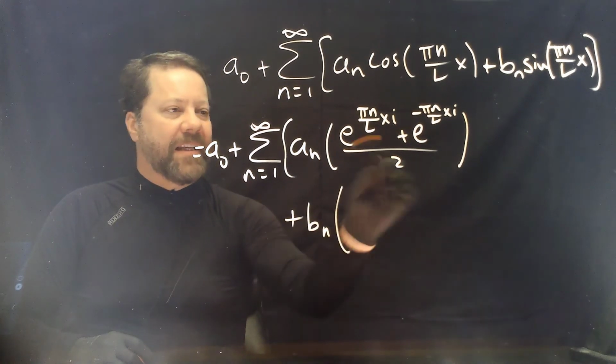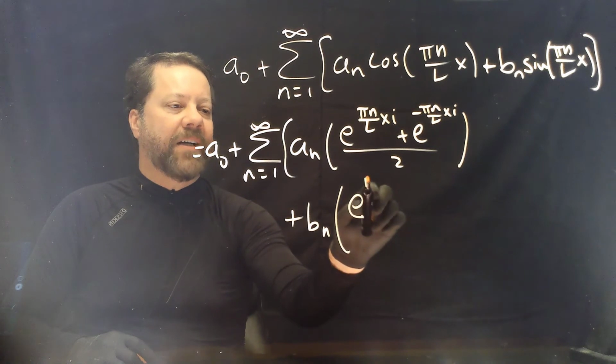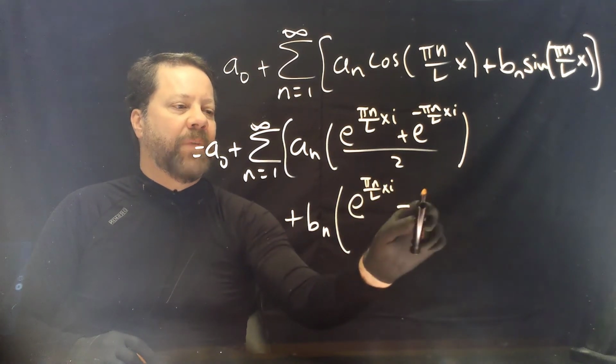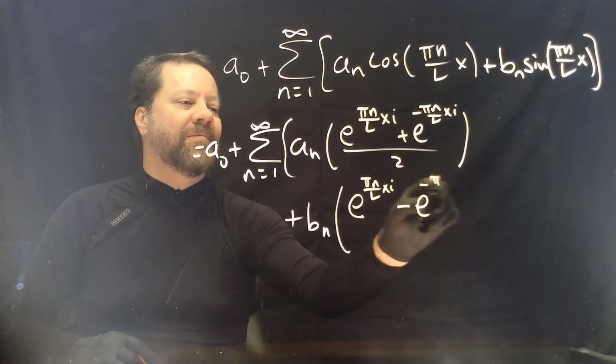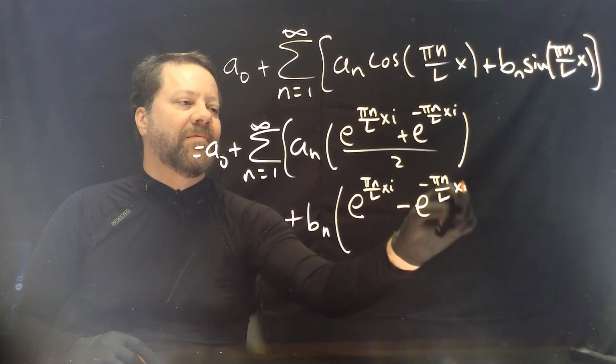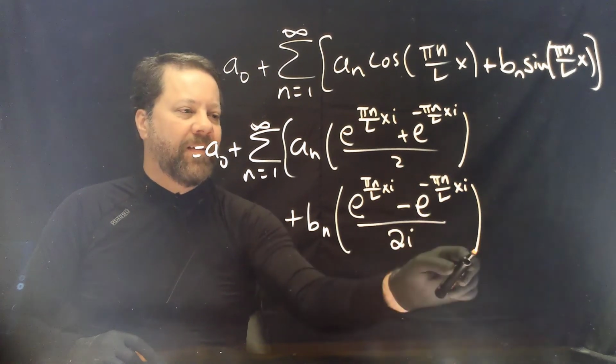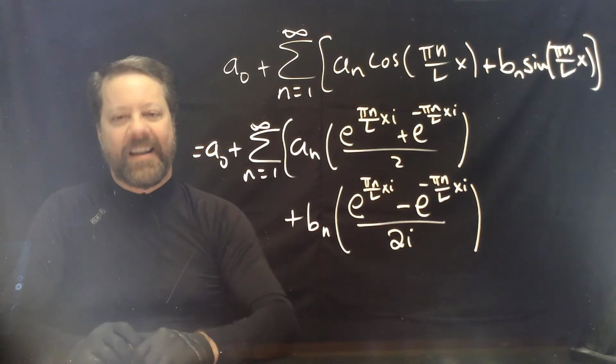And to get to the bn's, you do the same kind of thing, but you subtract, and instead of dividing by 2, you divide by 2i.